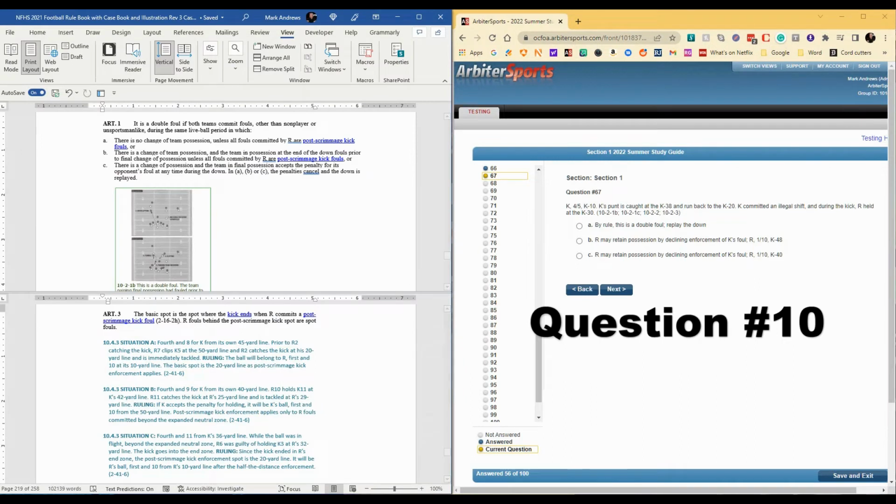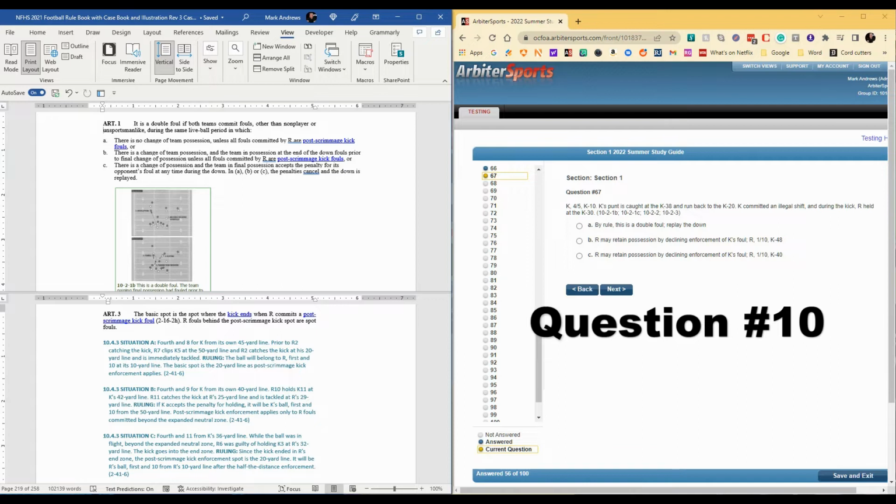Question 67. This sounds a lot like a previous question, but it's not. K 4th and 5 at the K10. K's punt is caught at the K38 and run back to the K20. K committed an illegal shift. And during the kick, R held at the K30.